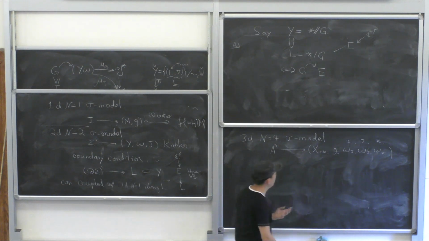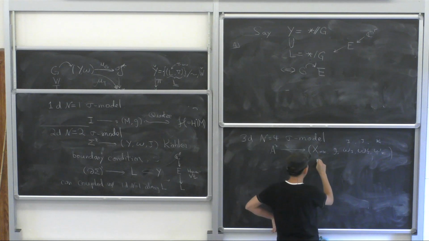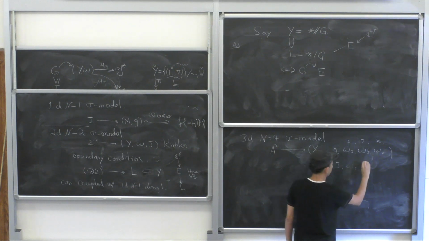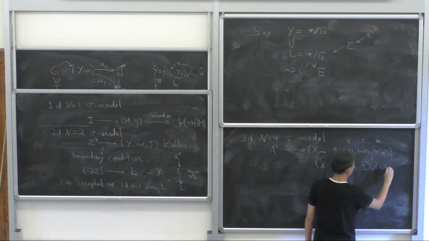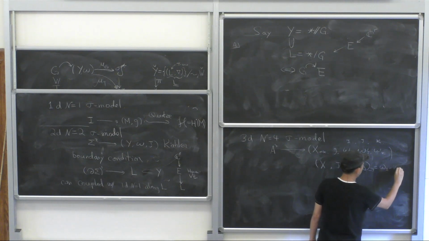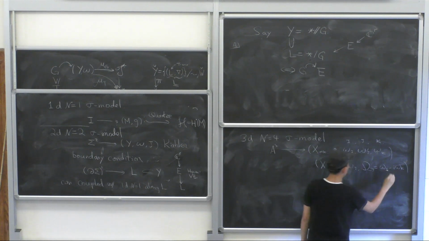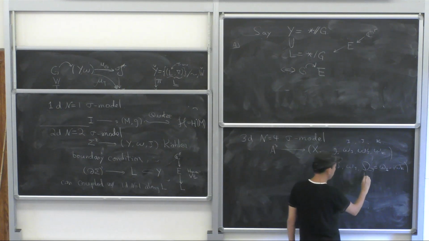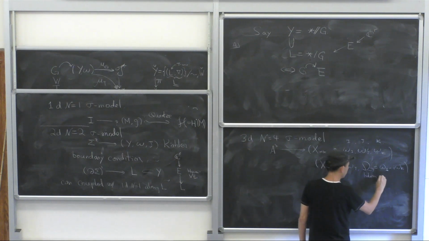Let's say you pick a complex structure J, and then omega J is omega I minus i omega K. So you're only looking at the holomorphic symplectic structure.